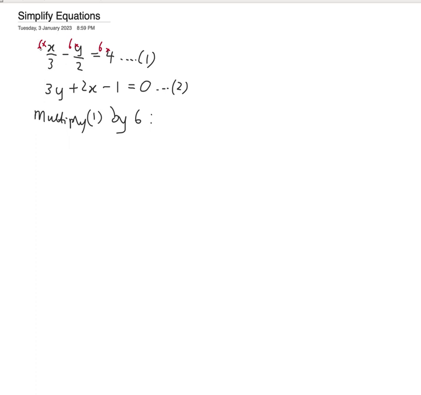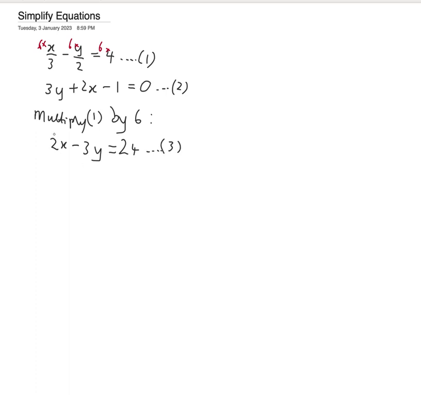So when we cancel the denominator, this will give us a 2x. 6 cancel with 3 is 2. 2 times x minus 6 cancel with 2 is 3 equals to 24. That is equation 3.